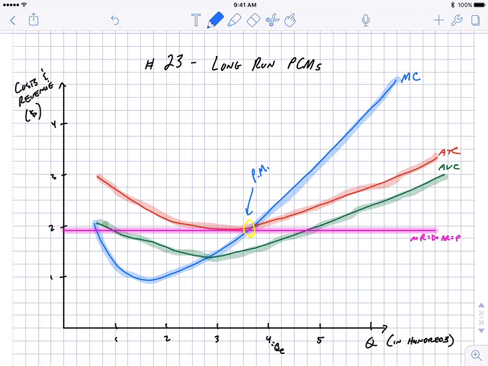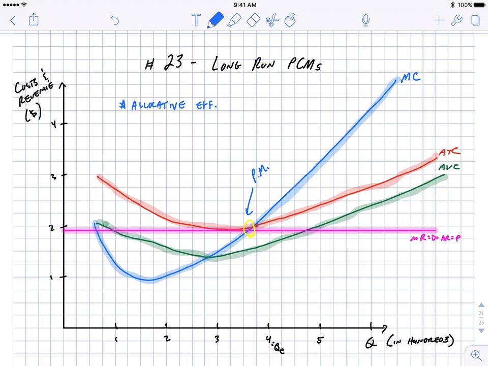So a couple of things to note, and I'm going to write them and then erase them so I don't run out of room, but so you can still see the graph. If we look at whether this firm in the perfectly competitive marketplace in the long run is efficient, it is allocatively efficient. How do we know that? Allocative efficiency occurs where supply equals demand.